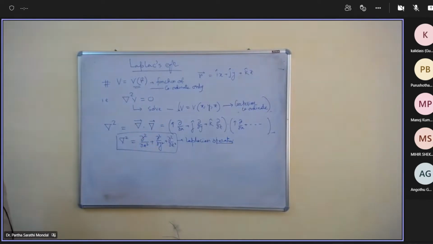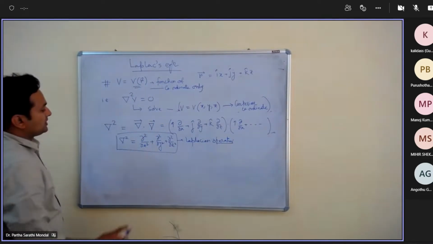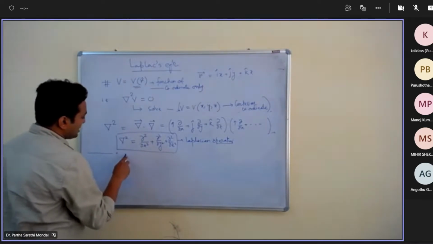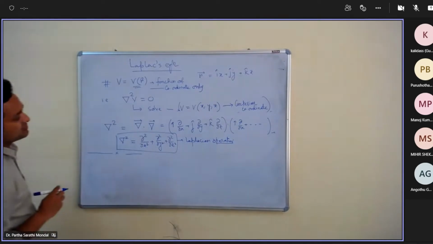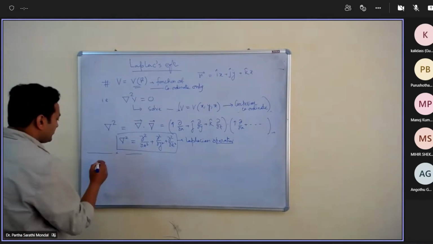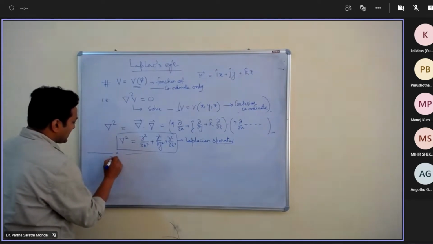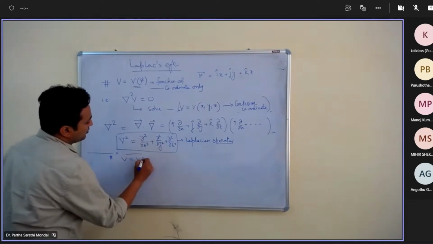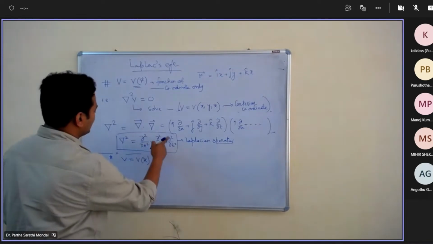Okay, so now you have to consider the dimension. Let's say the potential is only a function of one coordinate, not x, y, z.